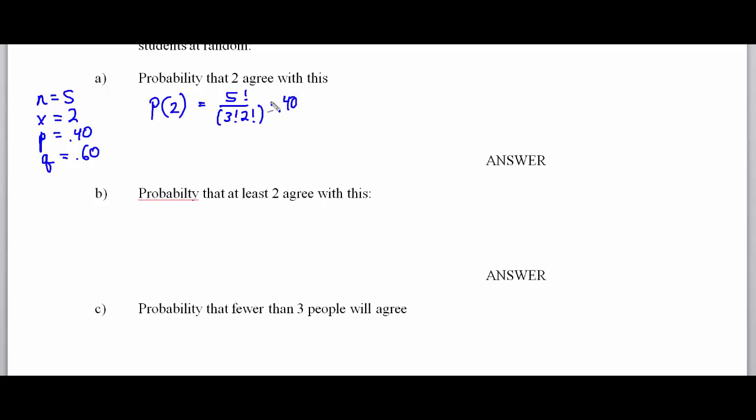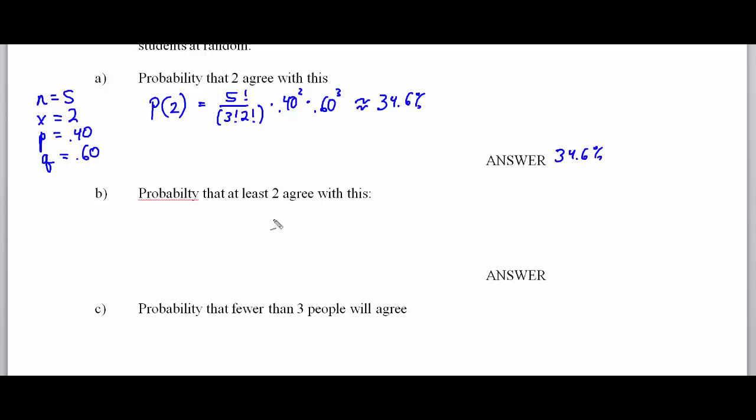You see, this is why it looks weird, right? 0.40 to the, or 4 tenths or 40%, to the 2nd power times 0.60 raised to the 3rd power. Now, if I do that correctly, I get an answer of, it's a little bit different than the last equation, so you can't just copy the answer, is 34.6%. And this is going to be the answer to that problem, 34.6%.